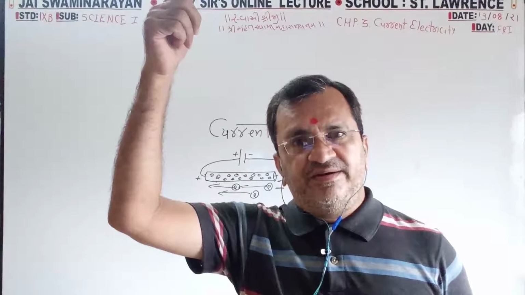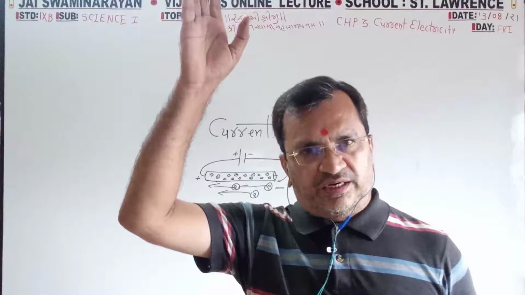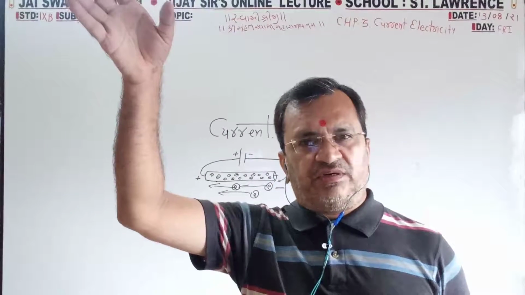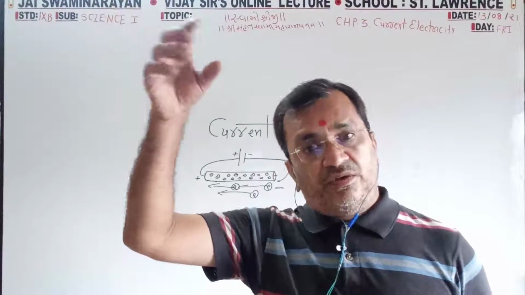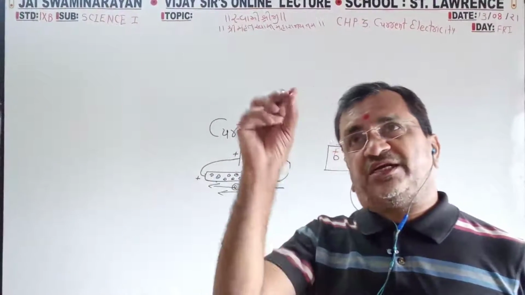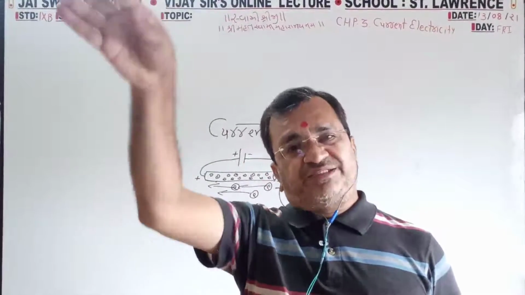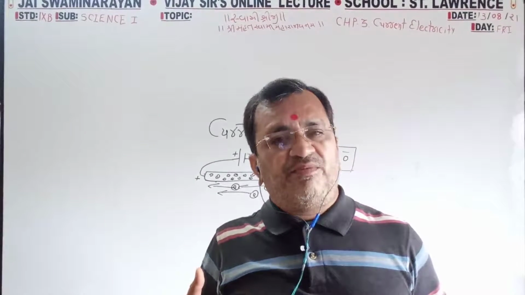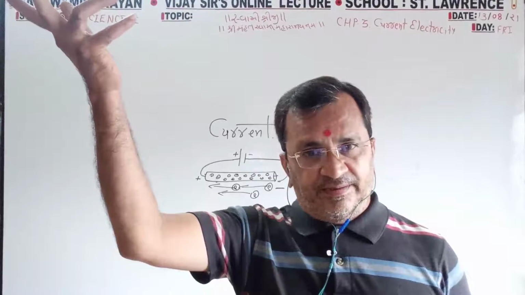Does anybody have an idea? I started the topic saying metals are good conductors. In metal there are electrons. Because of the flow of electrons, electric current can flow. So to protect us, they coat the conducting wire with plastic, rubber, woolen thread. We are not made of metal, so why do we get shocked when we touch it?